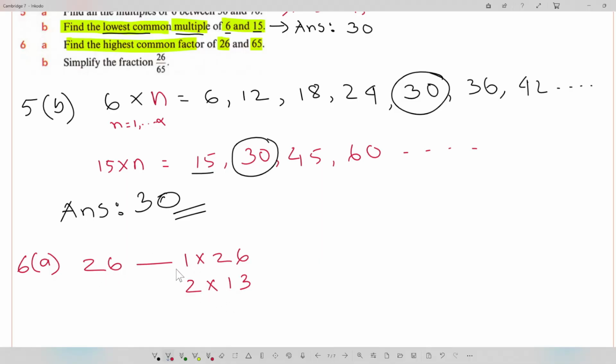So the factors of 26 equals to what? 1, 2, 13 and 26, right? So now we will find out 65.